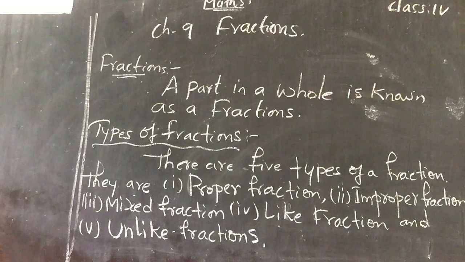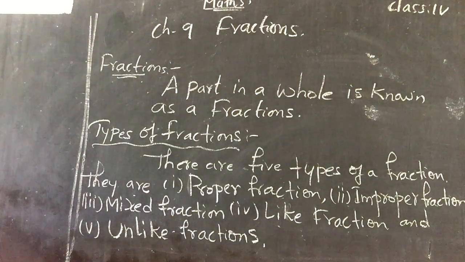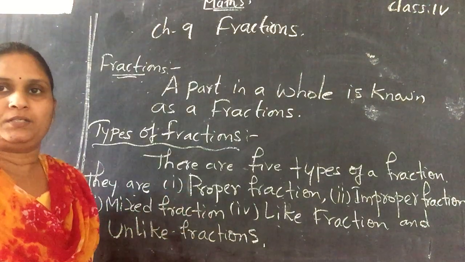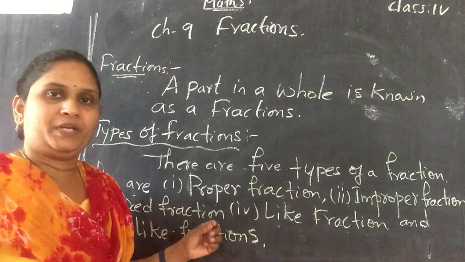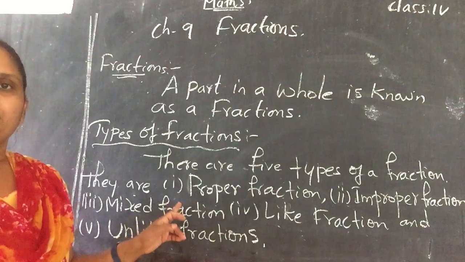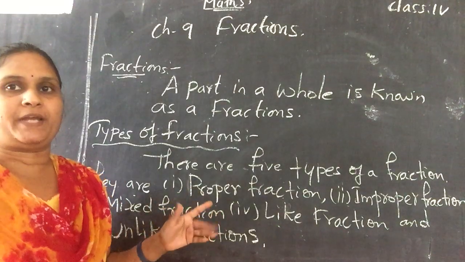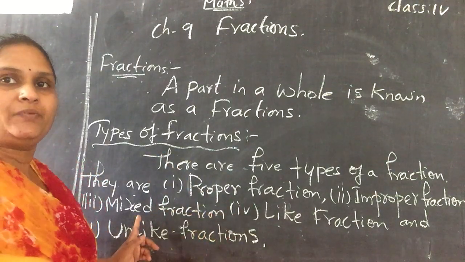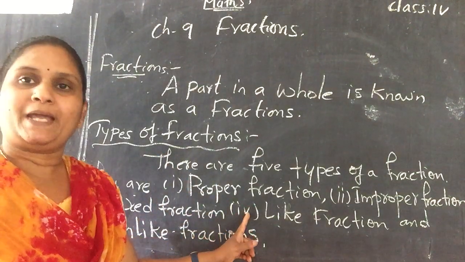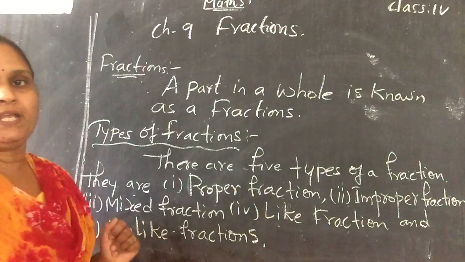Okay, now what are proper fractions? One by one, we'll write each type of fraction along with its definition. How many types of fractions are there? 5 types: proper fraction, improper fraction, mixed fraction, like fraction, and unlike fraction.